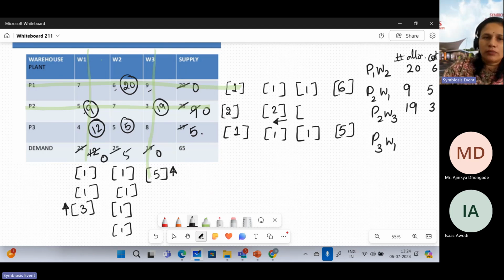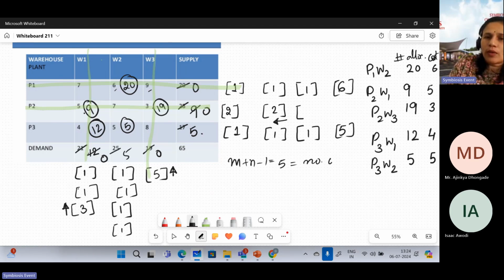P3 W1, number of allocations 12, per unit cost 4. P3 W2, number of allocations 5, per unit cost 5. Done. And again, if you check, m plus n minus 1 equals 5, which equals the number of allocations.